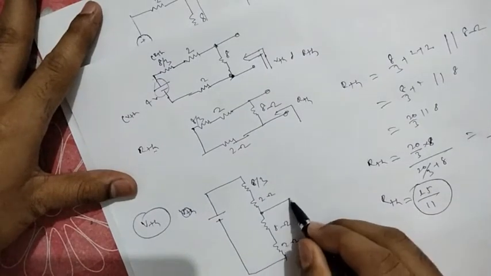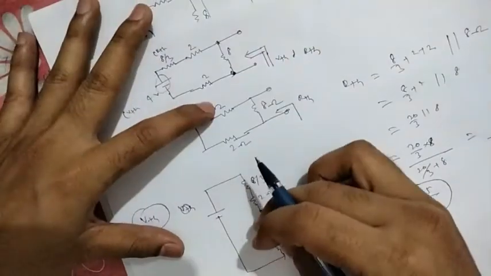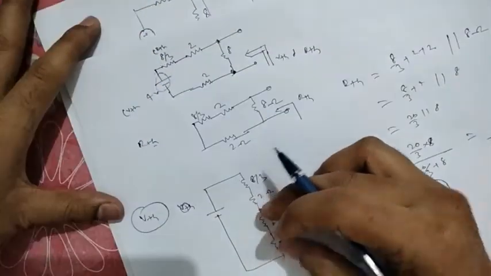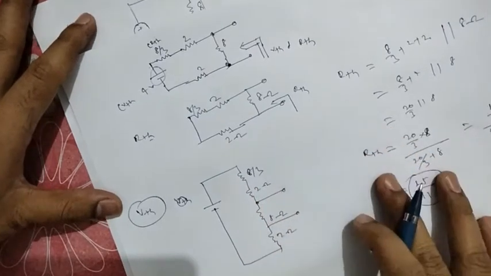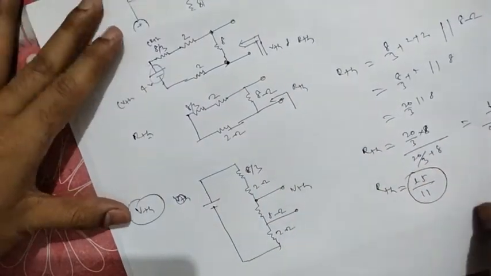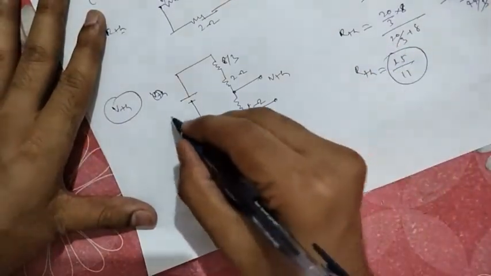Now we need to calculate the voltage across this. We calculate the total voltage across this one, minus the total across this one, and that will give this one. That is VThevenin. Then how are we going to calculate? This is 4 volt.